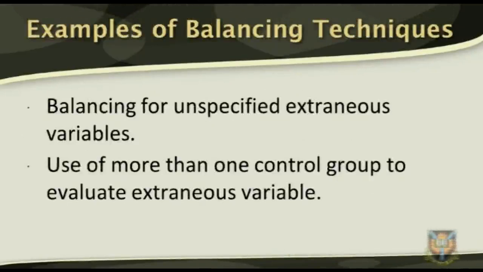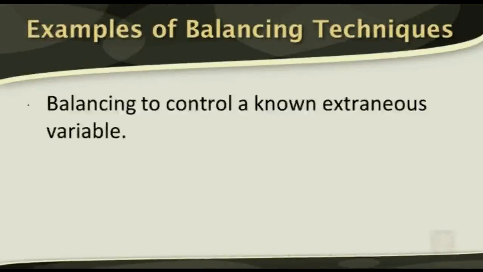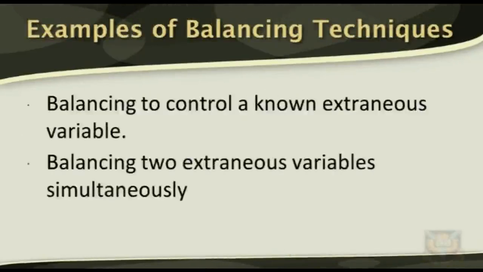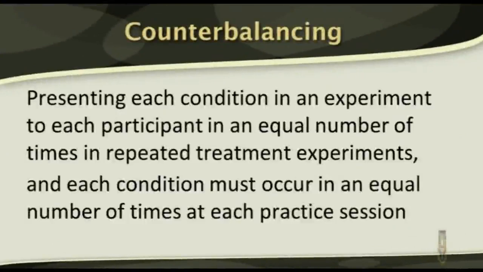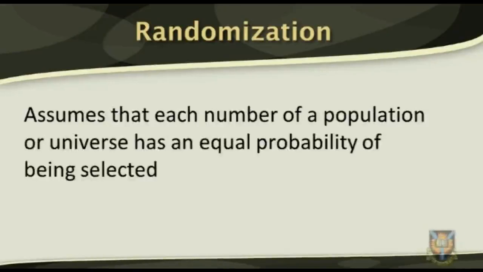Number one, where it is known that certain extraneous variables operate in the experimental situation, but it is not feasible to apply one of the preceding techniques of control. 2. Where you assume that some extraneous variables will operate but cannot specify them and therefore cannot apply the other techniques.